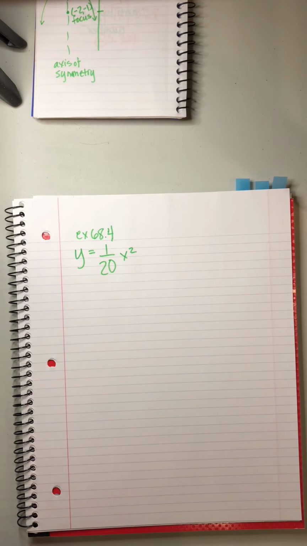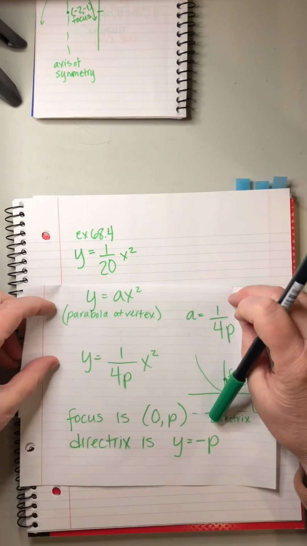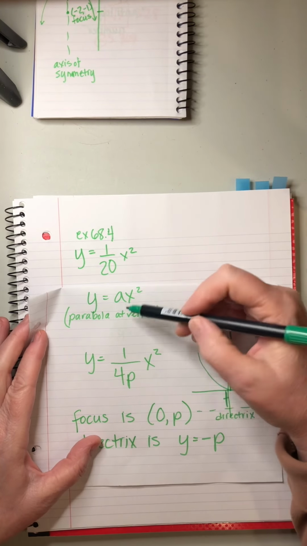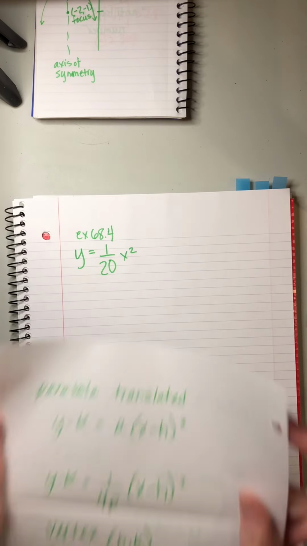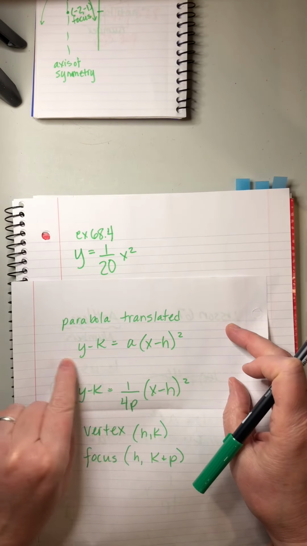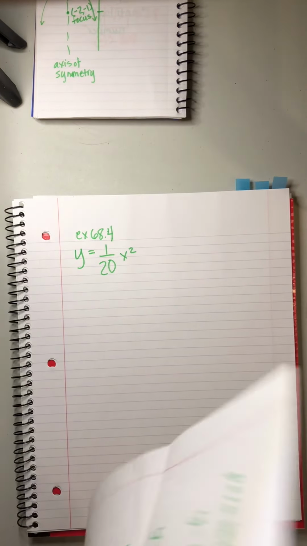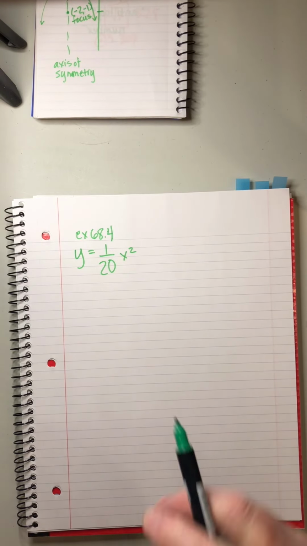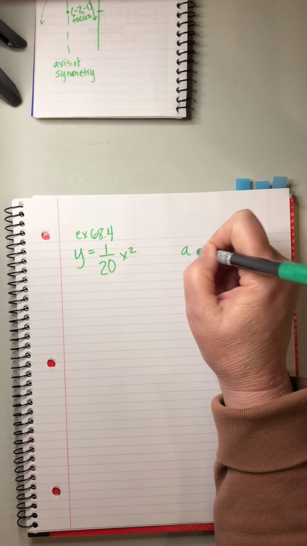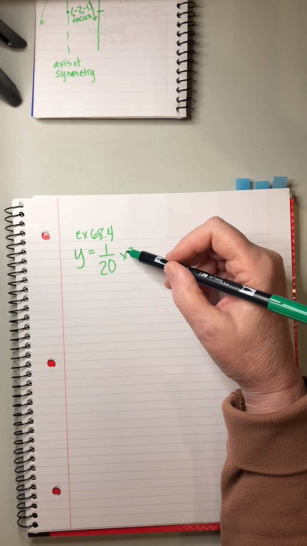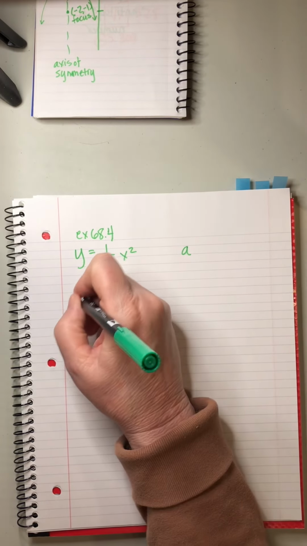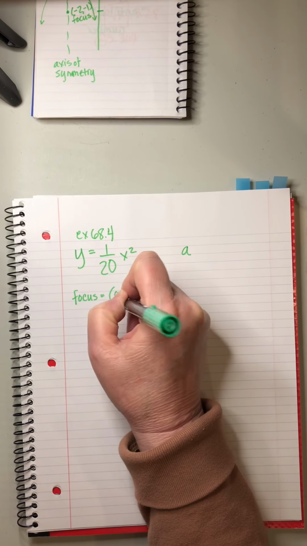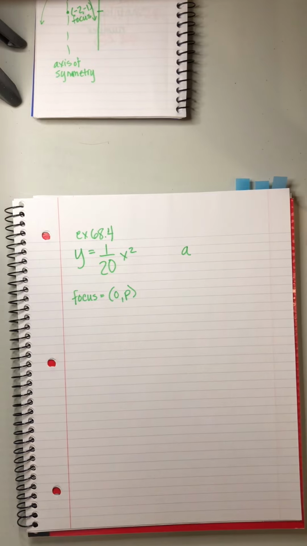It must be a parabola with the vertex at the origin, because it's simpler. It's not this crazy kind, right, with the adjustments for the h and the k. Okay, good. So we've got a cute little simple one. We know that in order to find the focus, we're going to need to know P, because the focus is the point 0, P.